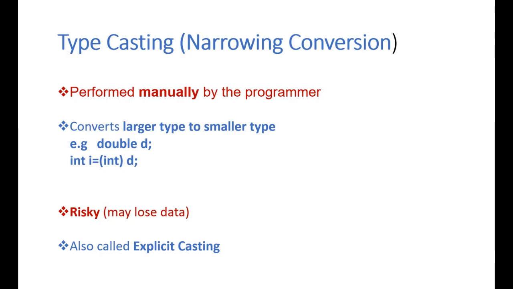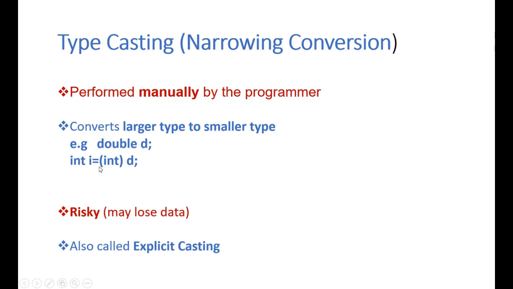So data may get lost, as when a person sitting on a sofa comes and sits on a chair, his legs hang. In a similar way, my data will get lost. Suppose I am storing 10.4, then the 0.4 will get lost. So this is very risky, as there is a possibility of loss of data, and because it is very difficult to set it automatically, I have to write int i equal to (int) d.